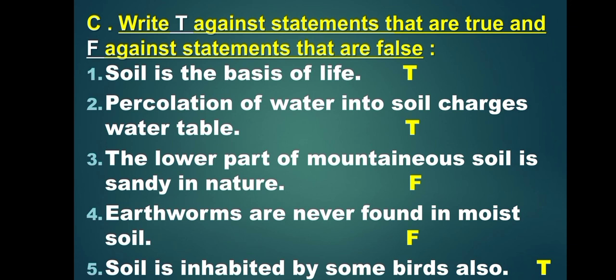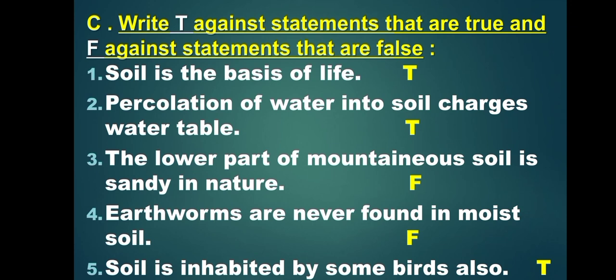Percolation means that by the process the water goes down due to the gravitational force of the earth. So as a result of that it increases the water table. So statement 2 is true. So we have to write T for it. Now question number 3. The lower part of mountainous soil is sandy in nature.